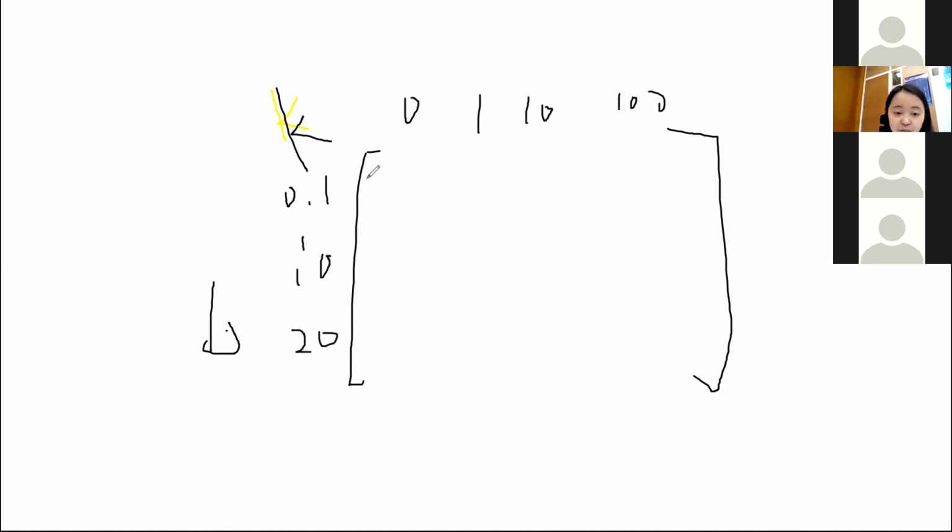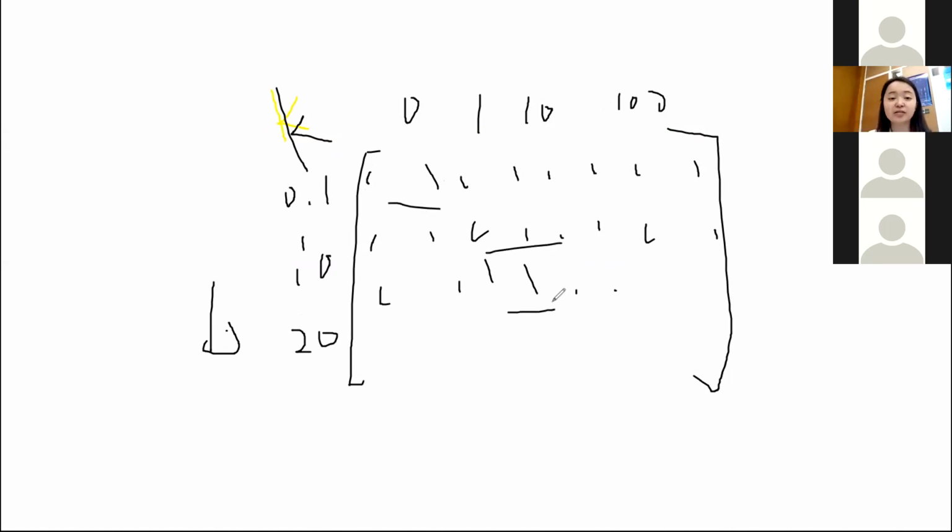So there are different pairs of k and b. This is a matrix. So that is grid search. The model would try every pair of k and b and choose the pair with the best performance.